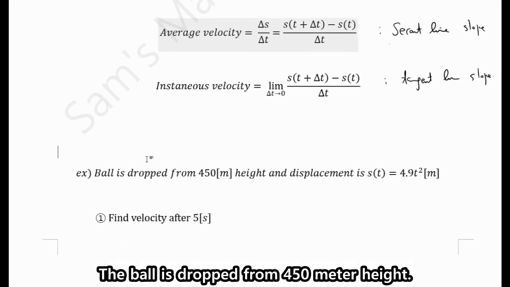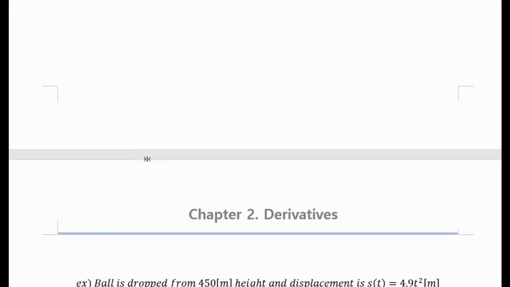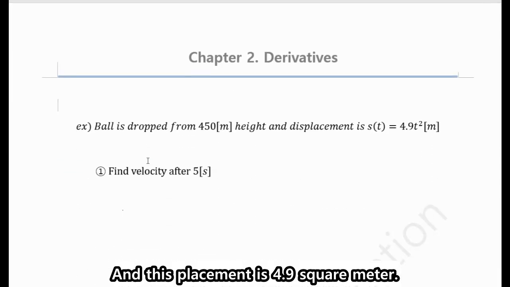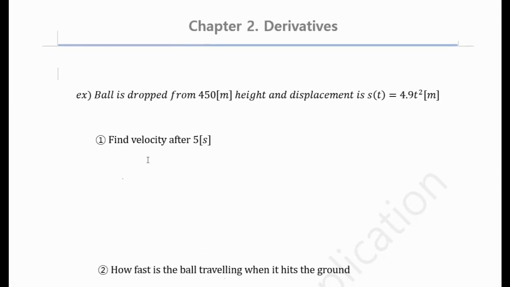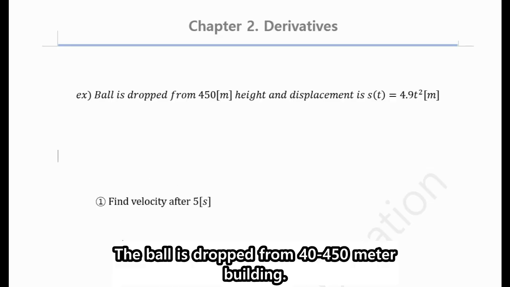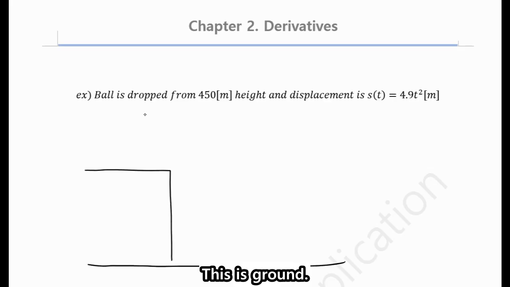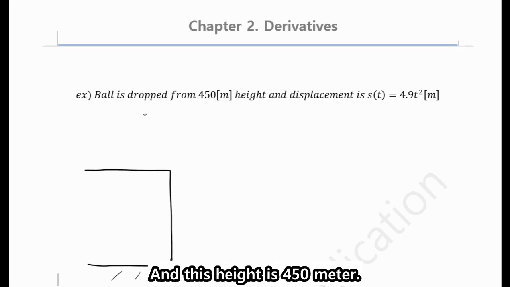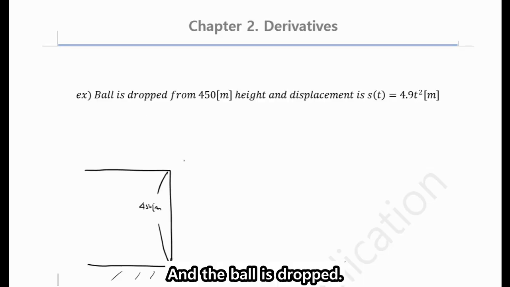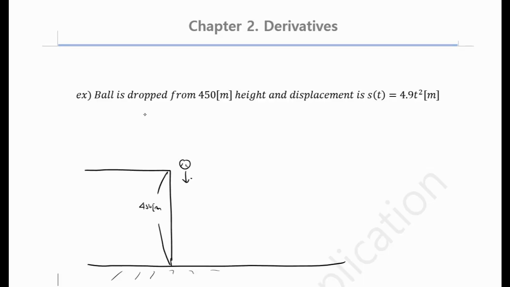A ball is dropped from a 450 meter height, and the displacement s(t) is 4.9 t squared. The ball is dropped from a 450 meter building. This is the ground, and this height is 450 meters, and the ball is dropped.